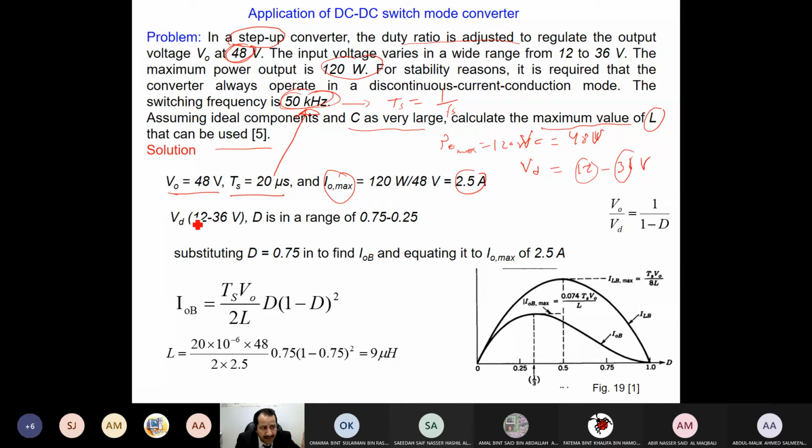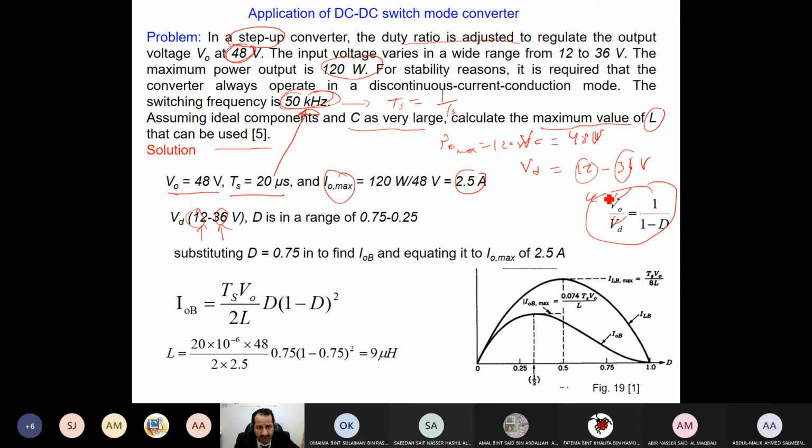I got it. This is the maximum output current. Now next, I have two values for the input voltage, so I expect to have two duty cycles. One for the lowest value, one for the highest value. Since he did not give me delta I or any information that can take me to delta I, I use the general formula for the boost converter, which is VO over Vin equal 1 over 1 minus D. I will substitute here.